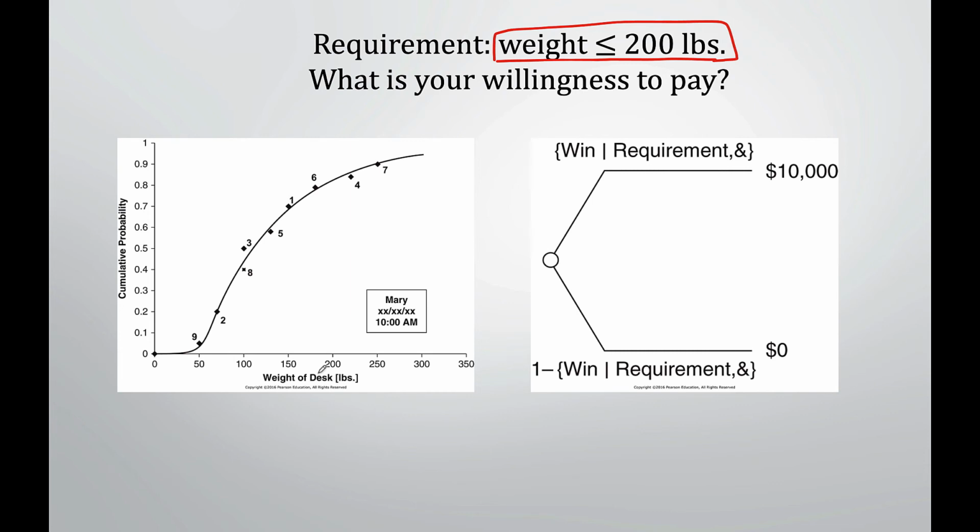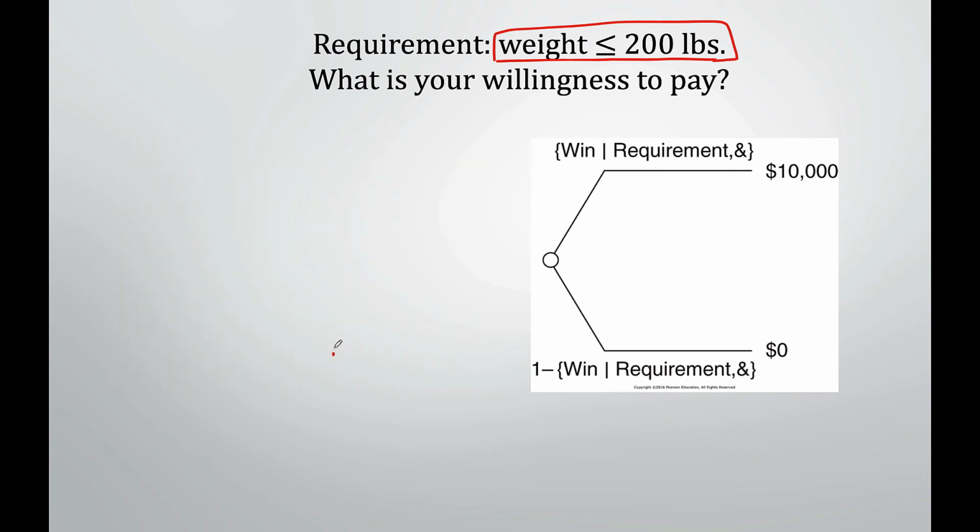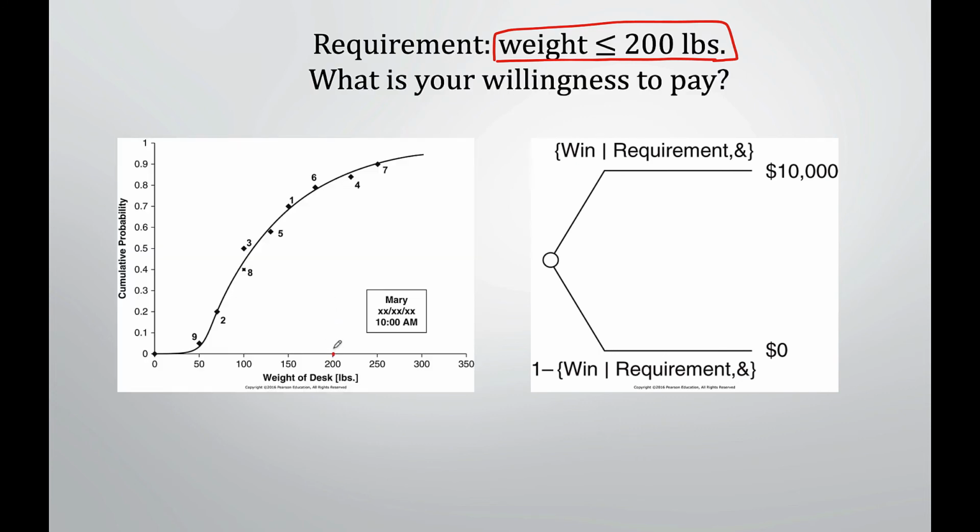So 200 is over here, and then we would go up to the curve, and then go left to the vertical axis. This number would be the probability that you believe that the weight of the desk is less or equal to 200 pounds.